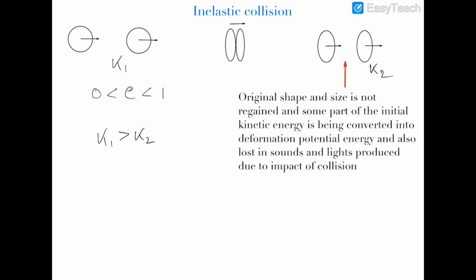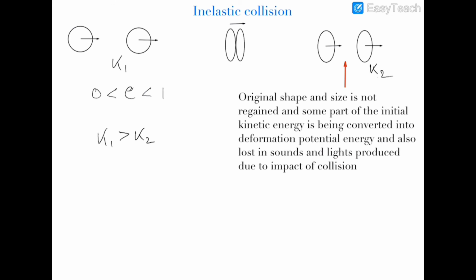So it means that some part of the kinetic energy is converted into permanent deformation potential energy, because the original shape and size is not regained, and some energy is also lost in the form of sound and light produced due to impacts.